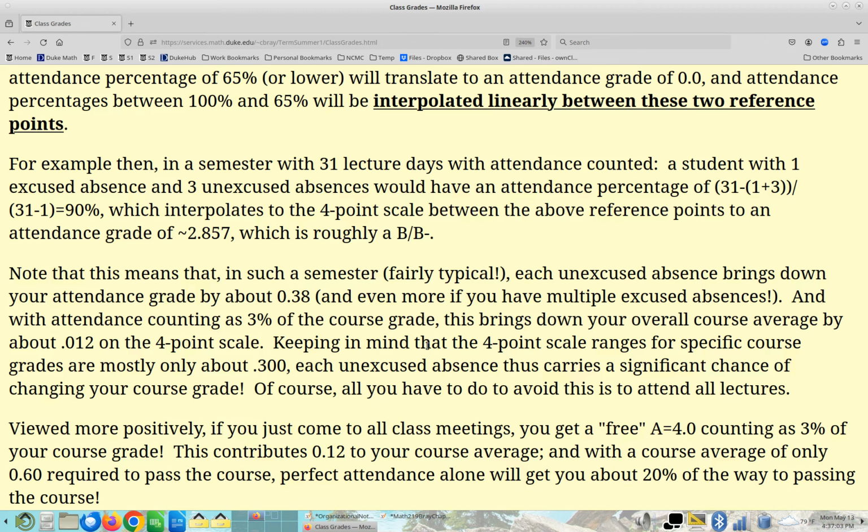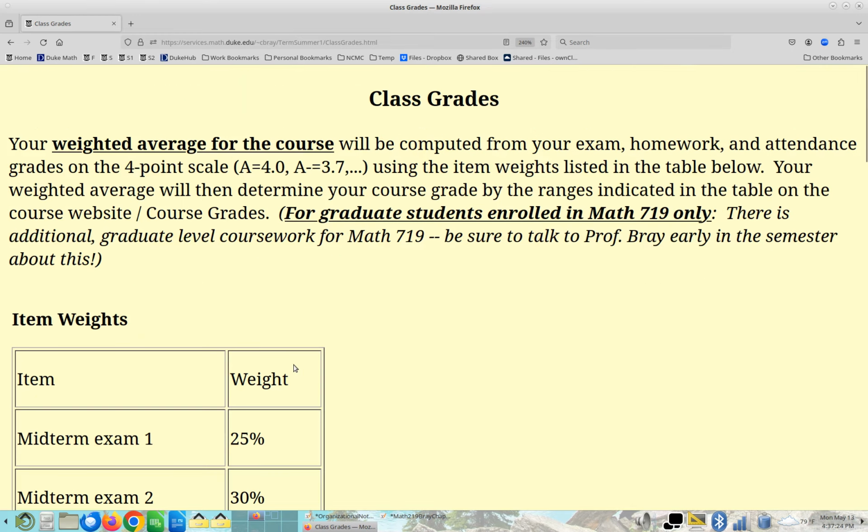Anyway, do keep this in mind. You don't want to throw away every class. This is approximate, of course. It depends on how many class meetings there are, etc. But every day that you miss unexcused costs you more than 1/100 of a point, and that's quite a difference. So anyway, something to keep in mind.